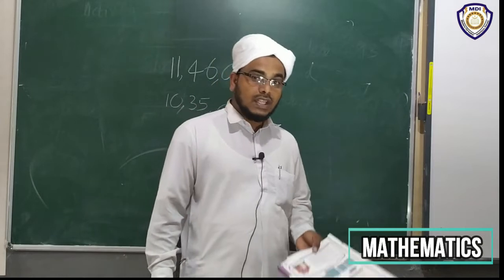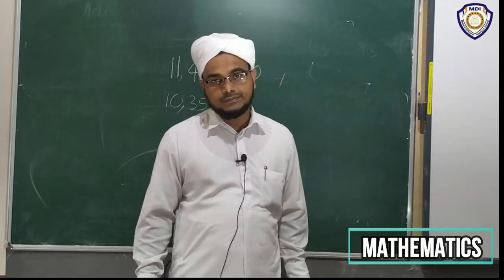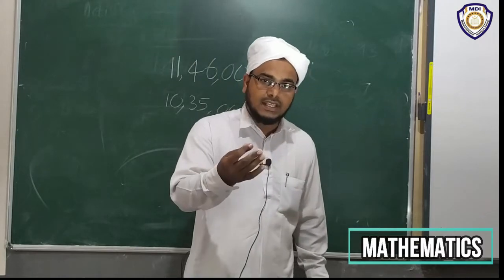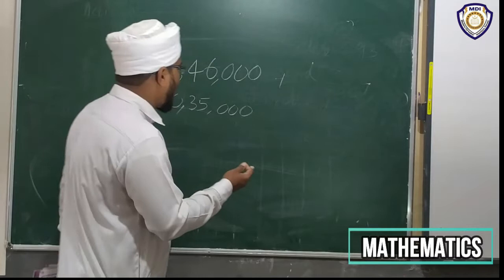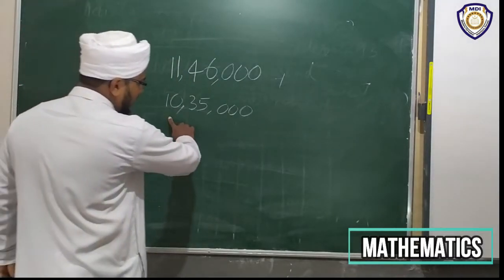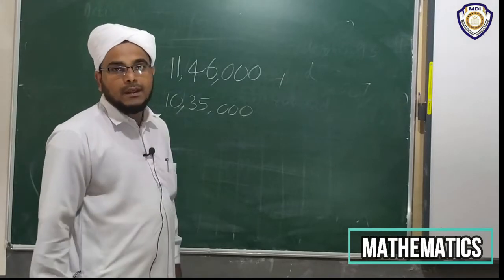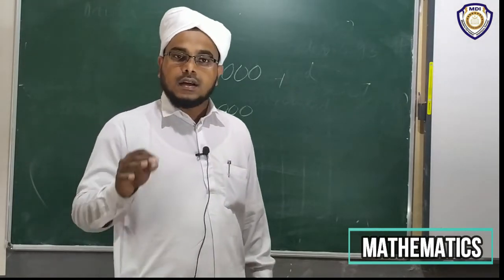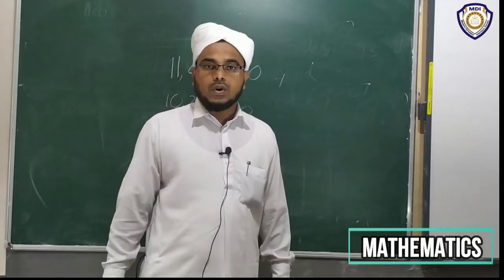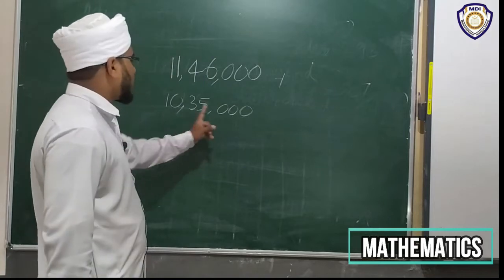Then the question is, what amount did Mr. Srinath save? He convinced the owner that it is very high and said he wanted to buy this house for 10,35,000. So then the owner sold his house for this money.